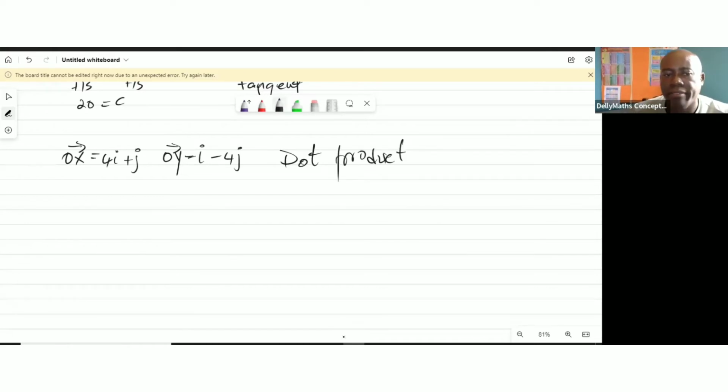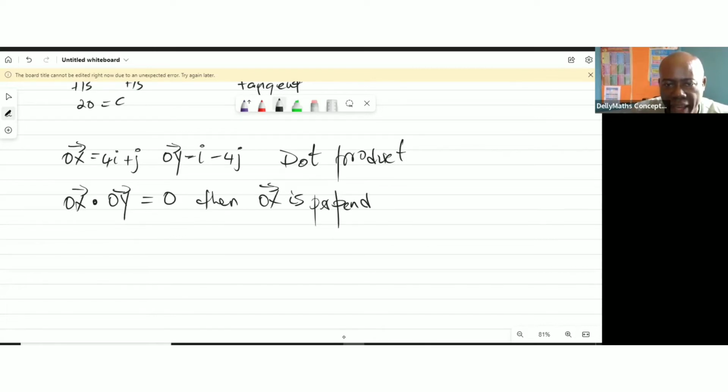Now, there's a law in vectors that says that if the dot product of OX and OY is equal to 0, then OX is perpendicular to OY.